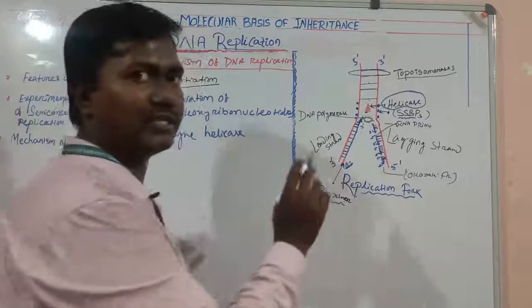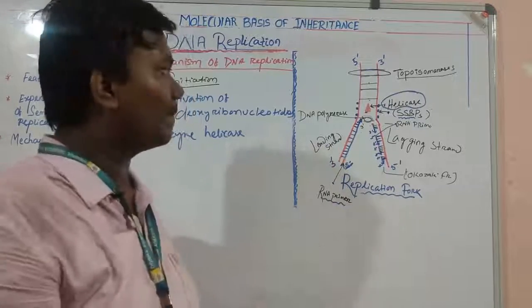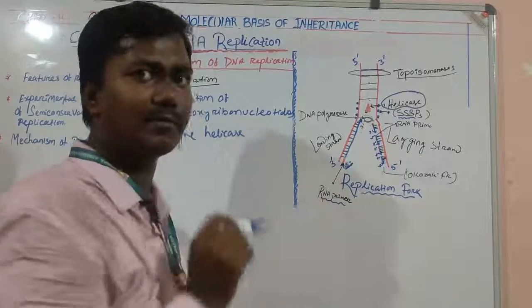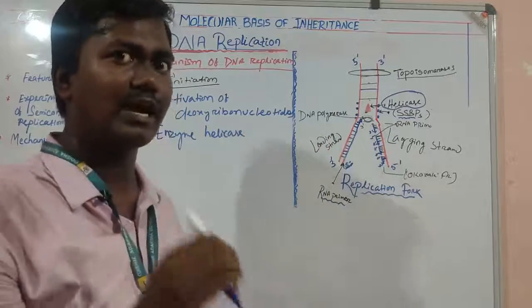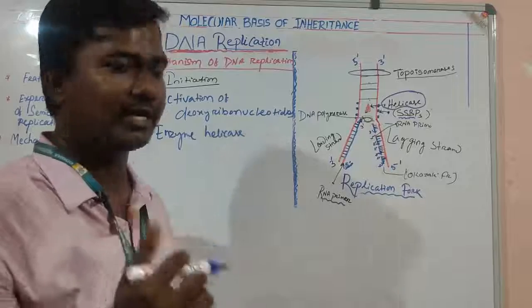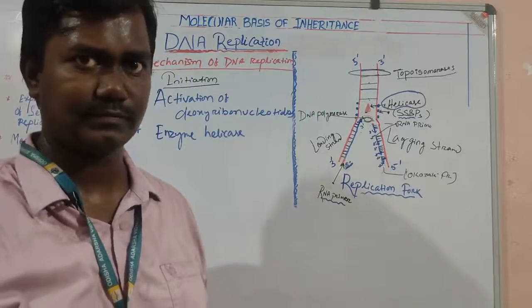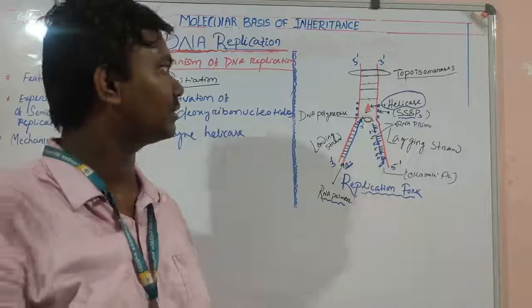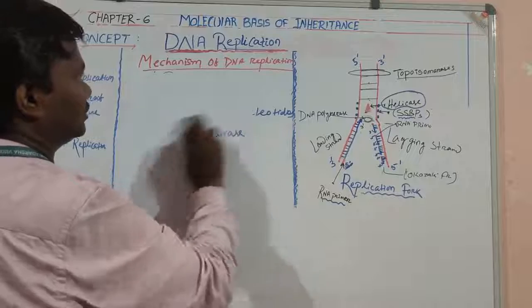RNA primer is required in DNA replication because without RNA primer, DNA polymerase cannot add nucleotides during elongation. Got it? Then come to the process of elongation.